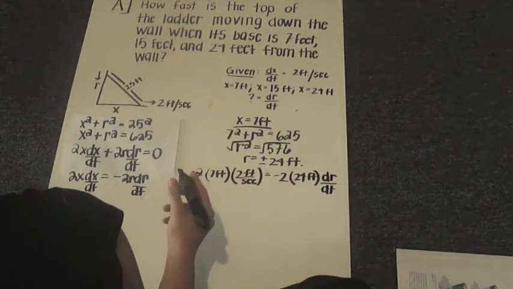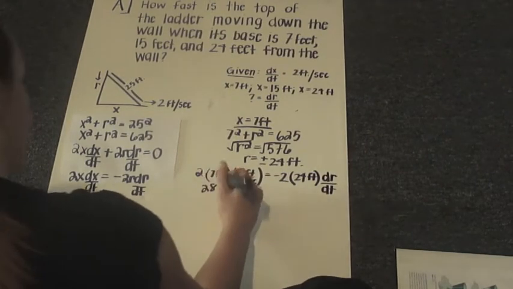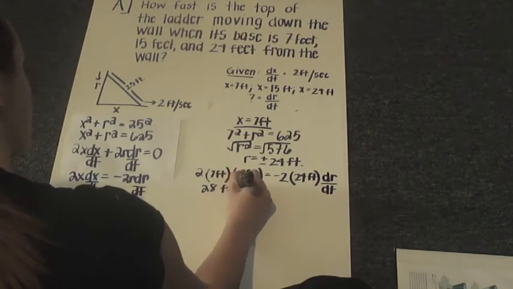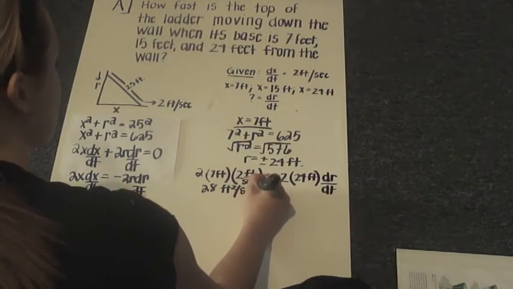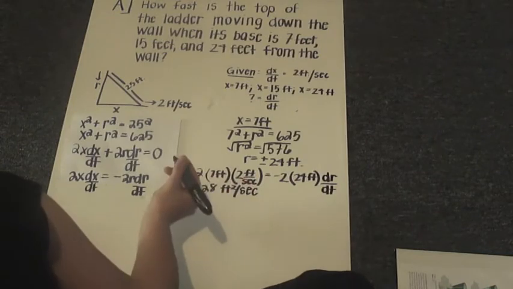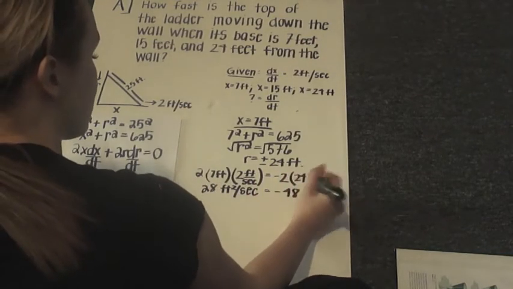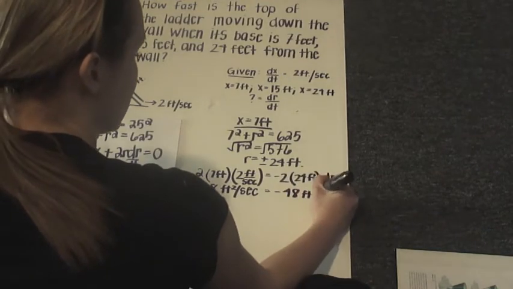So this side is going to end up equaling 28 feet squared per second, and this side's going to be negative 48 feet dr/dt.